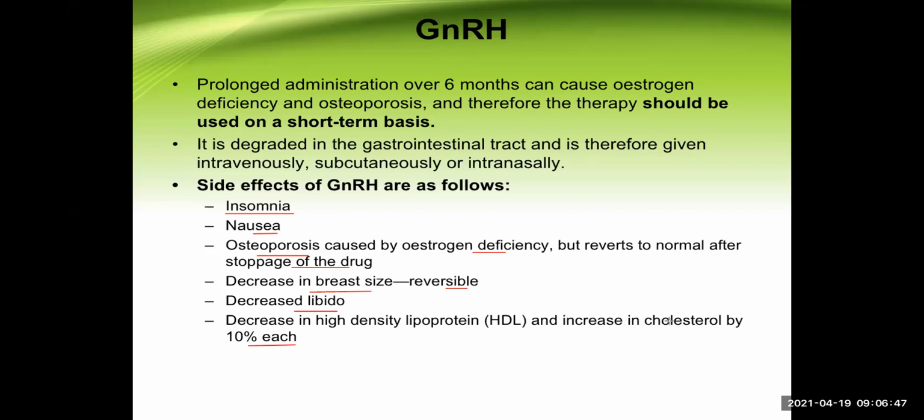LDL carries cholesterol from the liver and deposits it into the tissues. So it transports cholesterol from the liver into the tissues. This is a bad type of cholesterol-carrying protein, or you can simply say it is the bad cholesterol which is attached to the LDL. Whereas HDL has the opposite action.